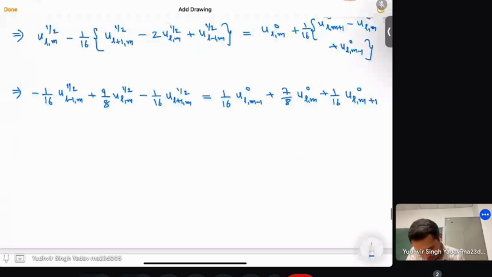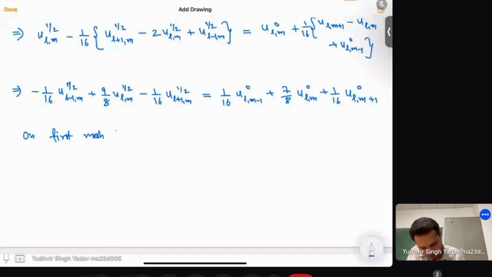So first, on the first mesh line, it is m equals to 1.